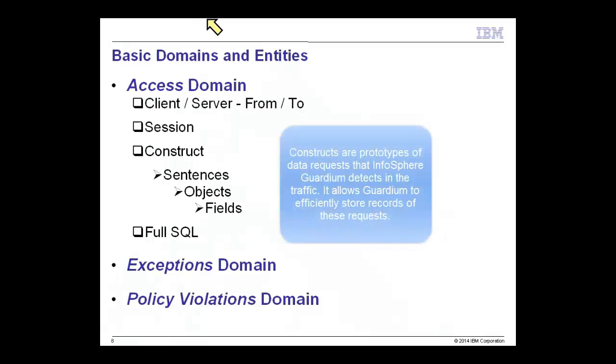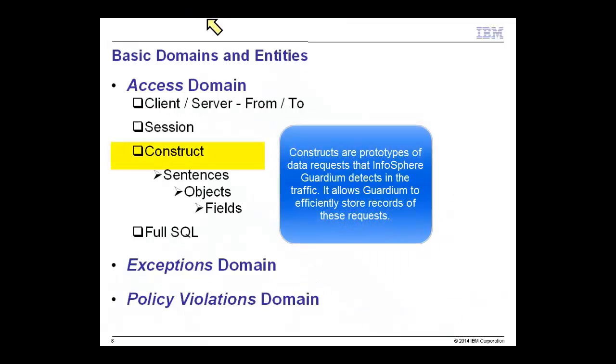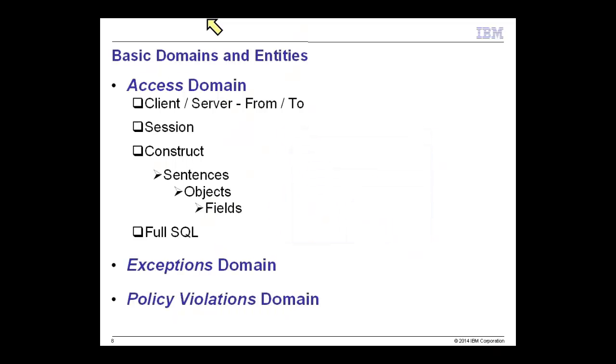The same happens on every request we send. We send a select statement as part of a session, and we are creating a construct that includes sentences, objects, fields. I will go into a little bit of detail soon about that, but it is also saved with that level of detail, will not include values, and is reused every time a similar request is seen by the system.